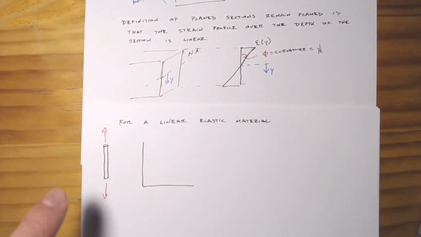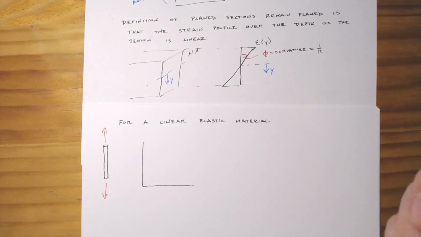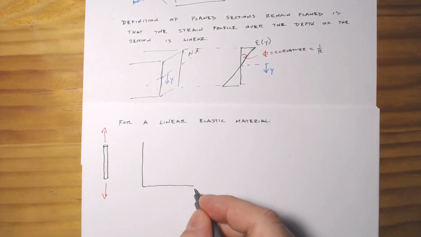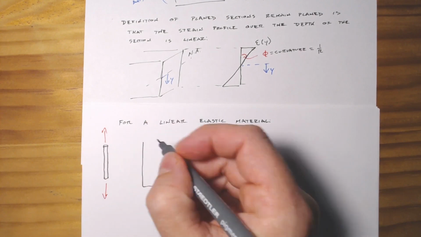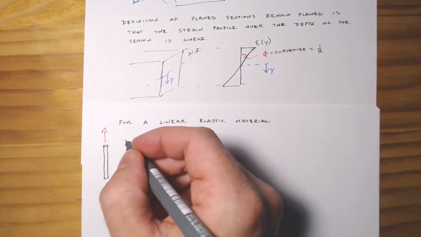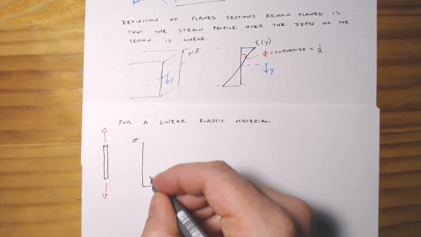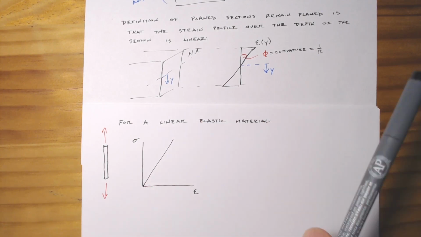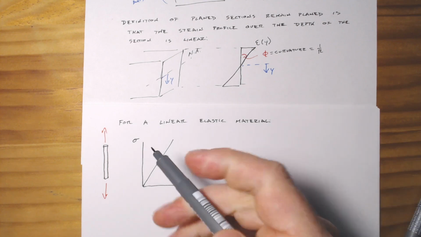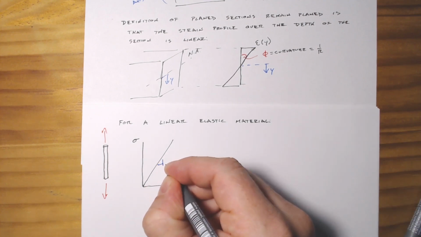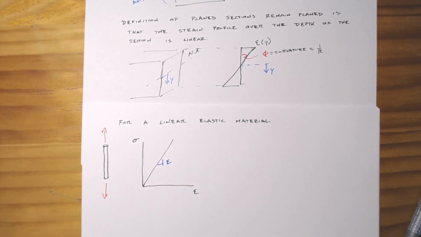So, let's look at our linear stress-strain behavior. If we're pulling this material and it's elastic and it has not yielded, well, its stress-strain behavior will simply be a straight line, and it'll be a straight line whose slope is Young's modulus.